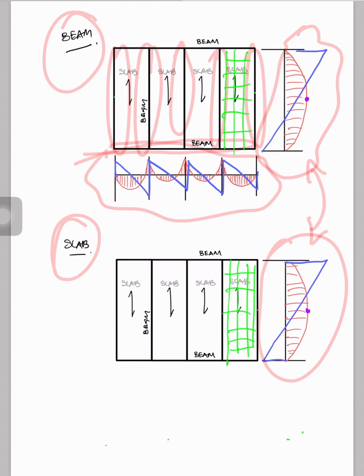I may do it at 1/3. Why? Because bending moment is lesser over here, and shear force is somewhat in between the max and where it's 0 over here. So taking it 1/3 wouldn't be a bad idea.